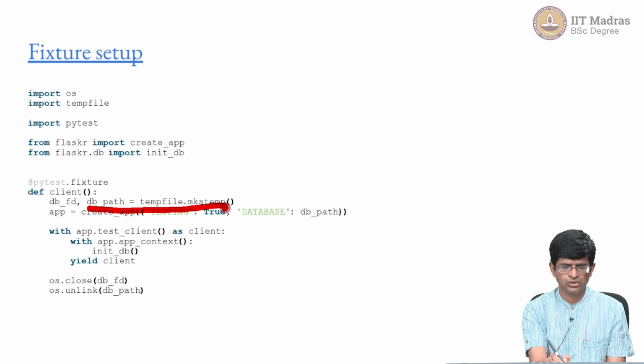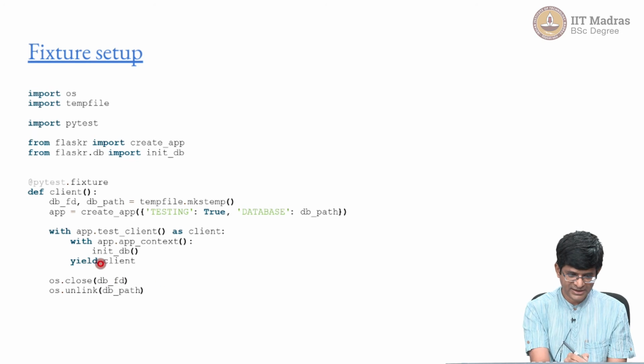Now this will work assuming that the database is some kind of SQLite database, and that when you do init_db, it is able to take this path and create a database at that path. If it was MySQL, for example, you may not really be able to do the same thing, right.